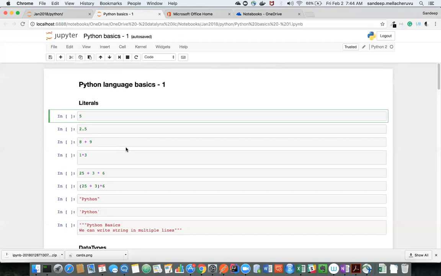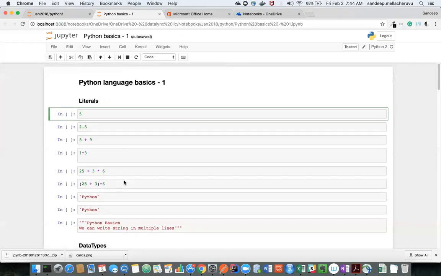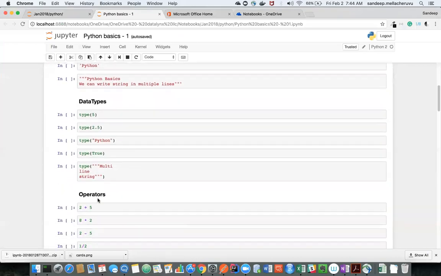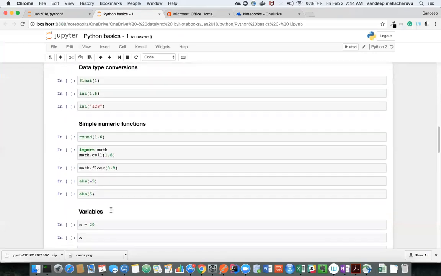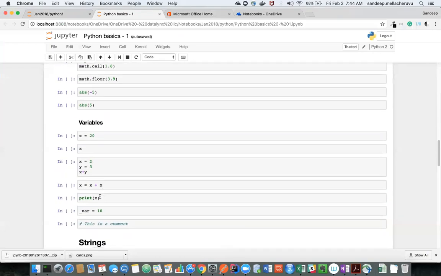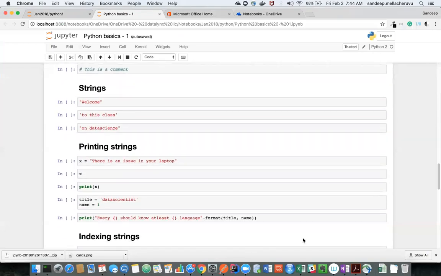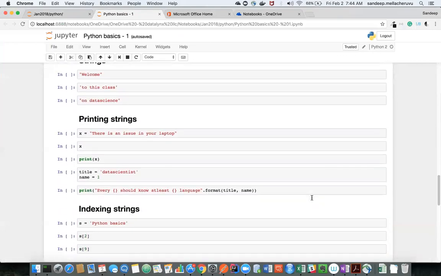And the reason is, you can see here, there are some sections. I gave some titles. This is more like a notes than a coding environment. That is the reason why most of the data scientists use this, and they share it with other data scientists also.